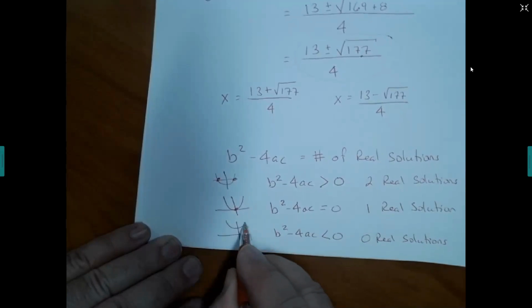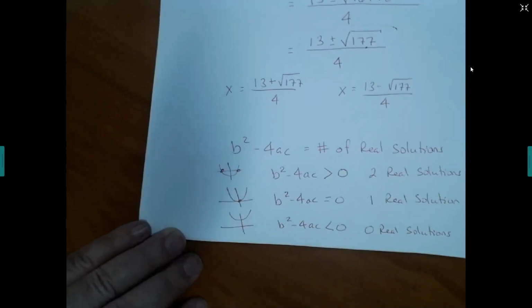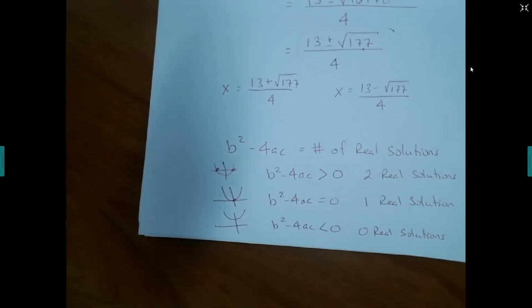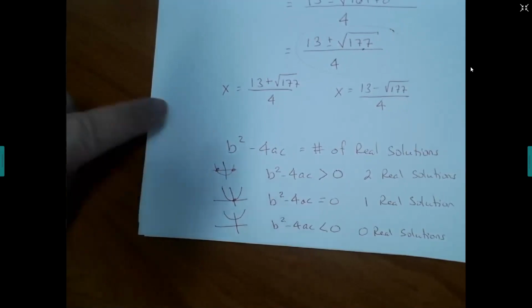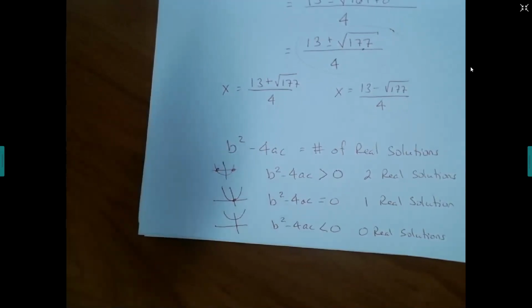The graph will look something like this. Make sense? So if you want to see how many answers you're supposed to have at the end, just do the b squared minus 4ac. If it's positive, you're supposed to have two answers. If it's negative, you won't have any. And if it's 0, you only have one.